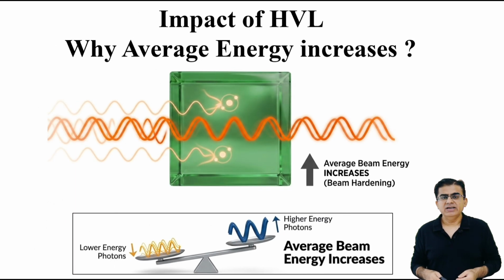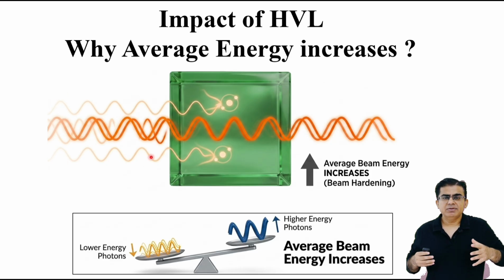Let us now carefully understand exactly why the energy of the beam is never halved. This large green block is an attenuating block or a shielding block. When you place this block of a shielding material in the path of the beam, it acts like a physical filter. We know that our clinical X-ray beam is never perfectly monoenergetic.